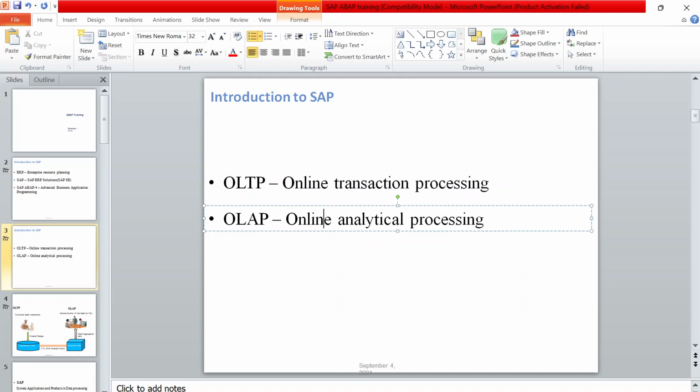That needs huge system resources. You need huge system resources to aggregate or summarize all these lakhs of records from the past 4 years. If you apply this data analysis in the same OLTP system, what will happen? This cannot be handled.